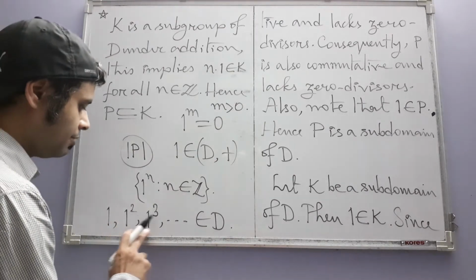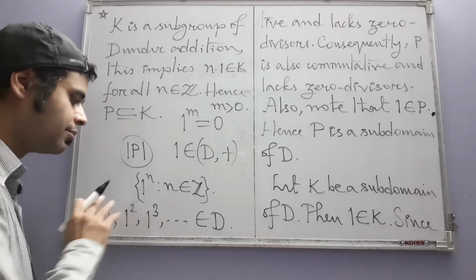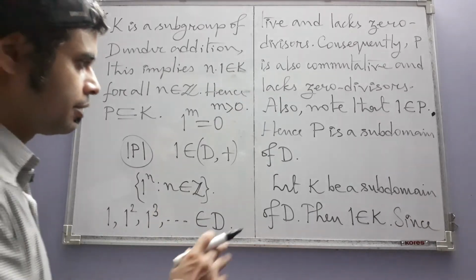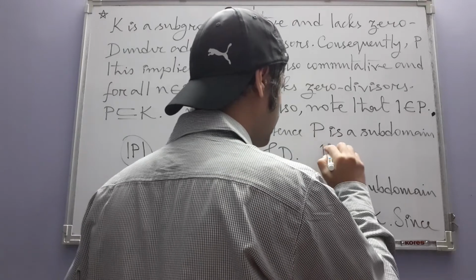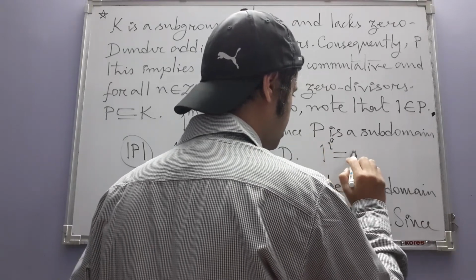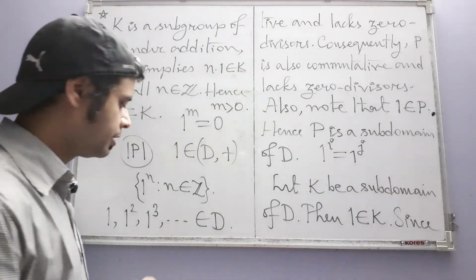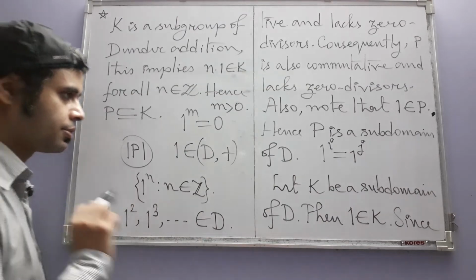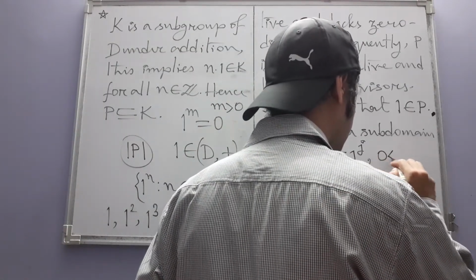That is because if you have repetitions in this list, what will you then get? You will then get 1 to the power i equal to 1 to the power j for some integers i and j. In fact, i can be 0 also. I am just simply saying for some integers i and j, that is fine.